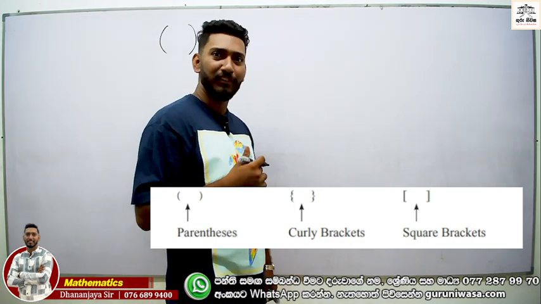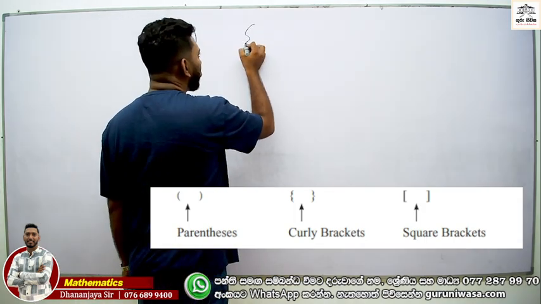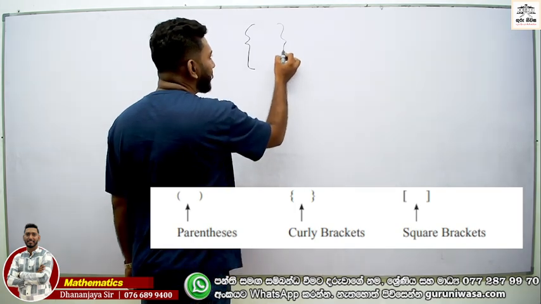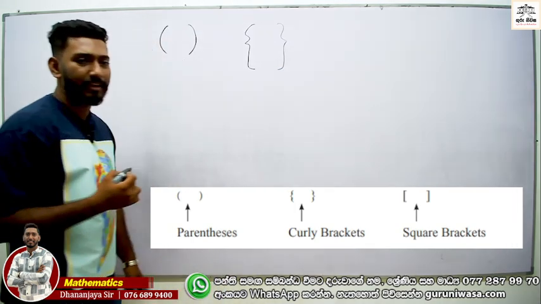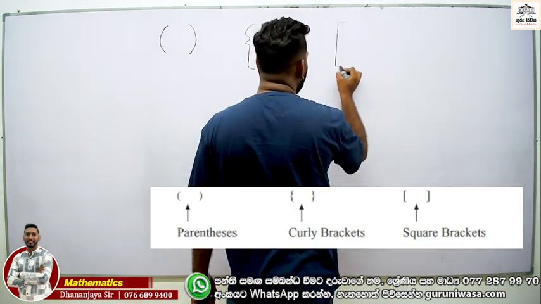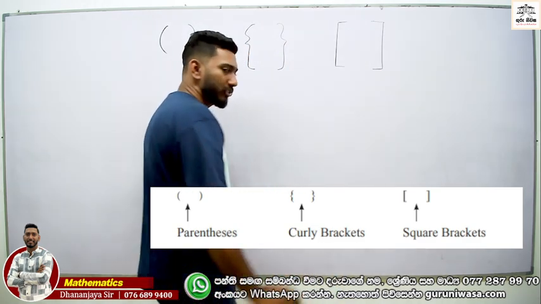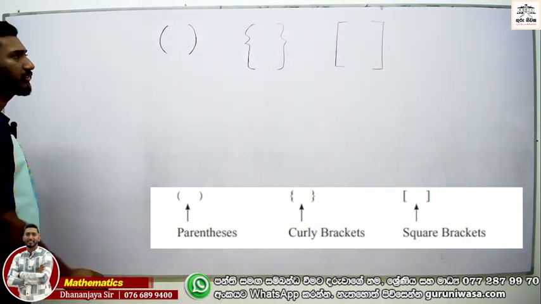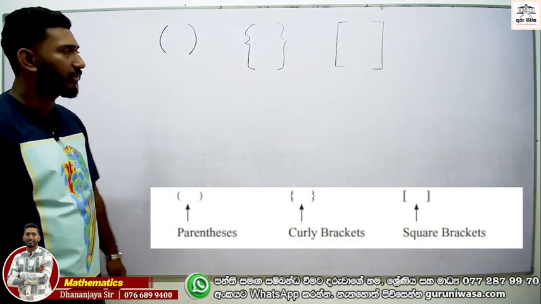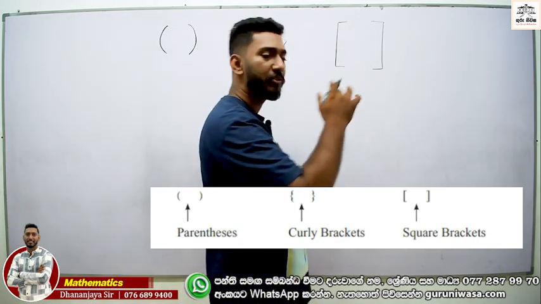The second one we call curly brackets. And the third one is like a square bracket. We call them parenthesis, curly brackets, and square brackets.